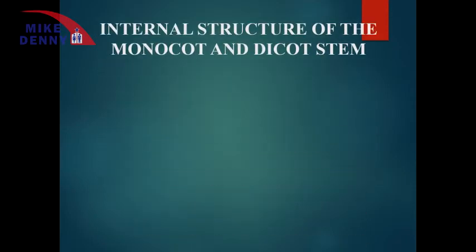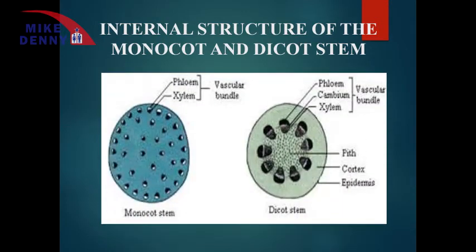As we get into the structure of the monocot and the dicot stem, from our picture here, we have the monocot stem and this, the dicot stem. If we look at these two, we'll see the parts: xylem and phloem, which make up the vascular bundles.